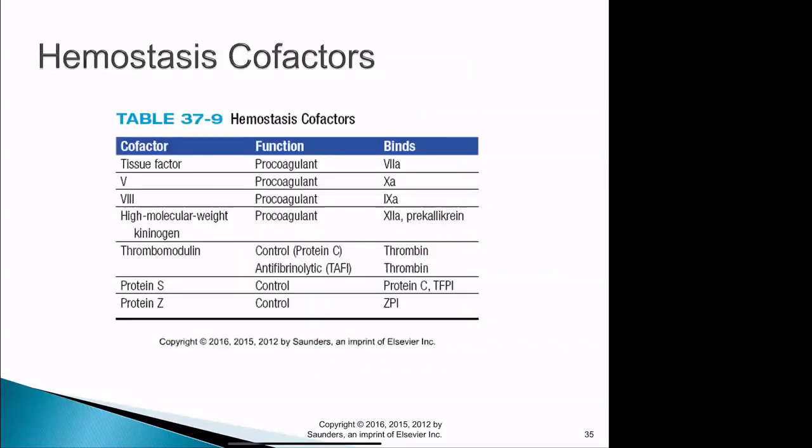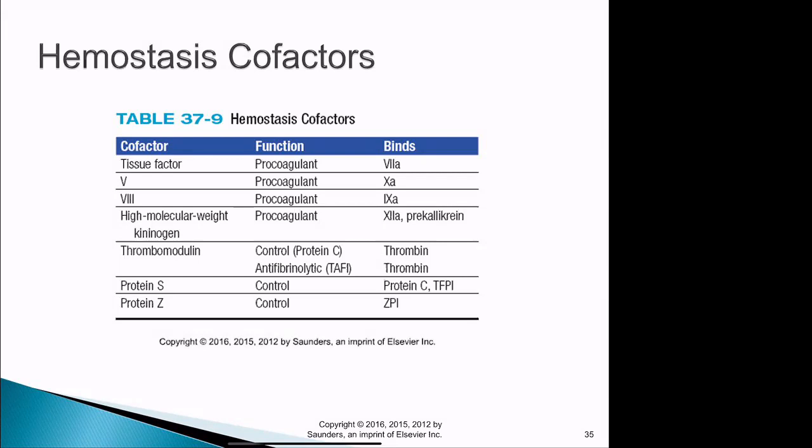This chart, again from the book, gives you the function of each of these cofactors. Tissue factor is a procoagulant, which means it enhances coagulation; it calls for coagulation. It mainly binds activated factor 7. Do you see that factor 7 right there, with a little letter a next to it?